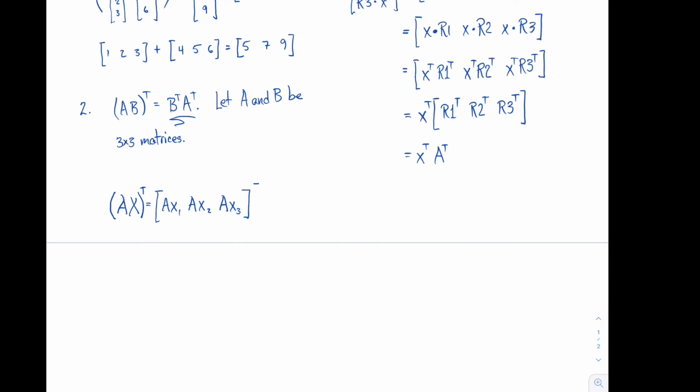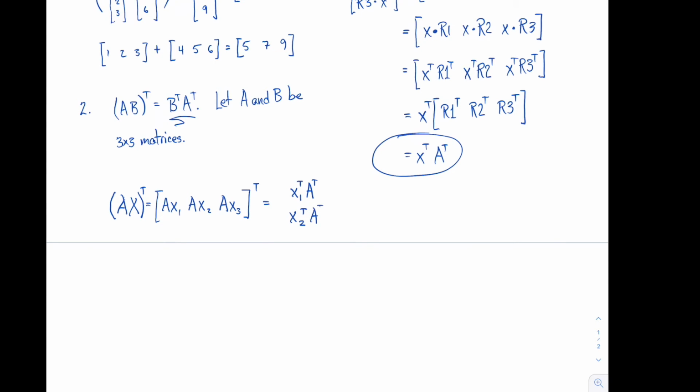Well, now let's transpose all of this. If we're going to transpose that, that means that each one of these columns now becomes a row. Row 1 becomes x1 transposed A transposed. That's what we just learned over here.